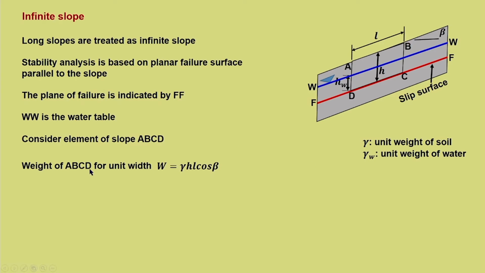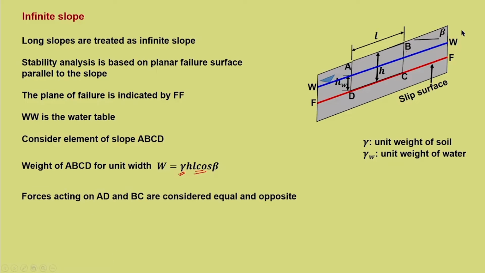So, the weight of ABCD is equal to gamma into H into L cos beta. Now, what is H into L cos beta? H is this distance, and the perpendicular distance is L cos beta. So, that gives you the area of the parallelogram. H into L cos beta gives the area, into 1 gives the volume, into gamma gives the weight of ABCD.